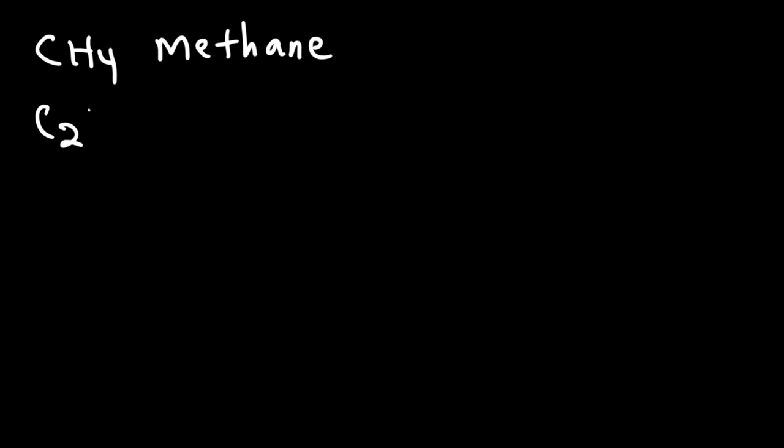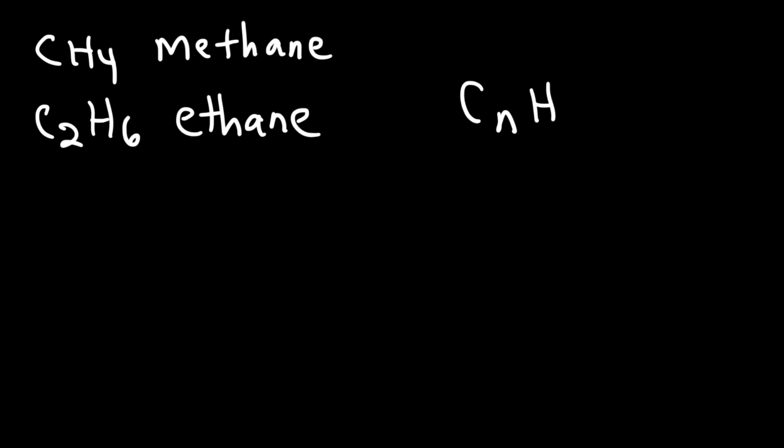Now, I want to go over some common names of alkanes. The first one, which we talked about already, is known as methane. The second one, which contains 2 carbons, C2H6, is known as ethane. Alkanes have the general formula CnH2n+2.